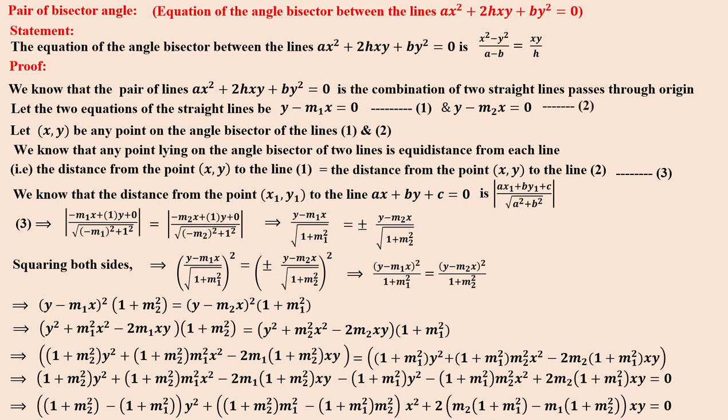Then going to the previous step, xy is common in two terms, and 2 is also common in those terms. So 2 times m2 into 1 plus m1 square minus m1 into 1 plus m2 square, into xy equal to 0. Removing the brackets: 1 plus m2 square minus 1 minus m1 square.